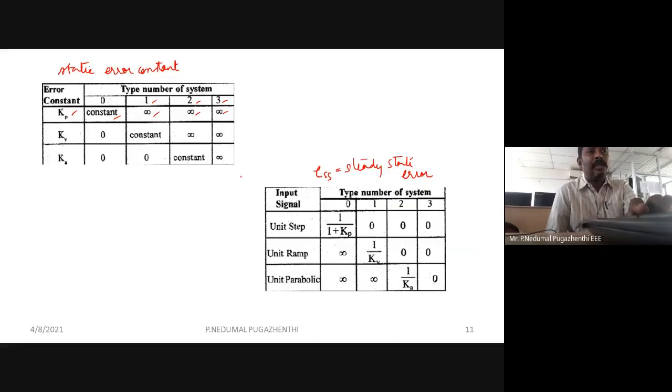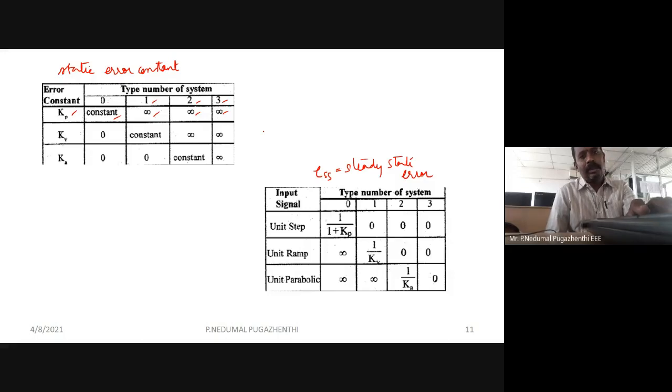We have consolidated all the static error constants and steady state errors for different types of systems. For a type 0 system, what happens if you supply a step input? If it is a type 1 system and you provide the same step input, how does your error constant vary?